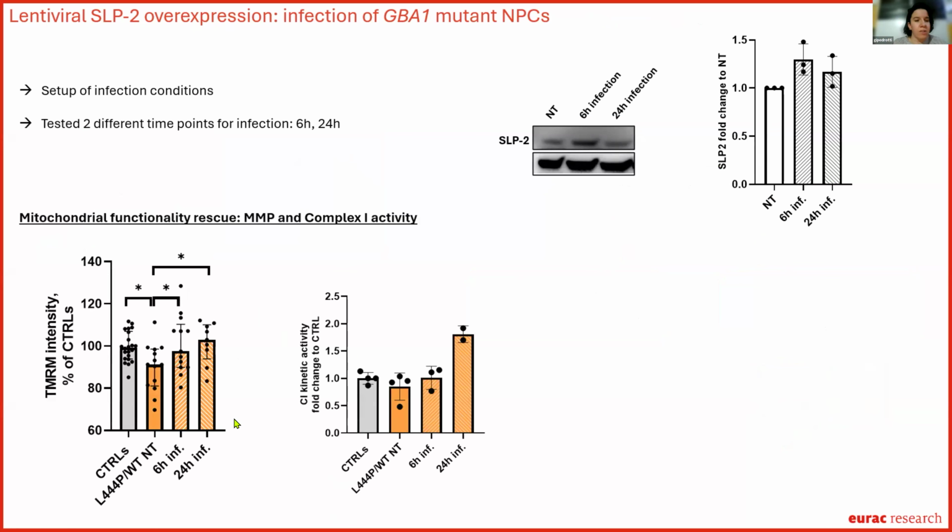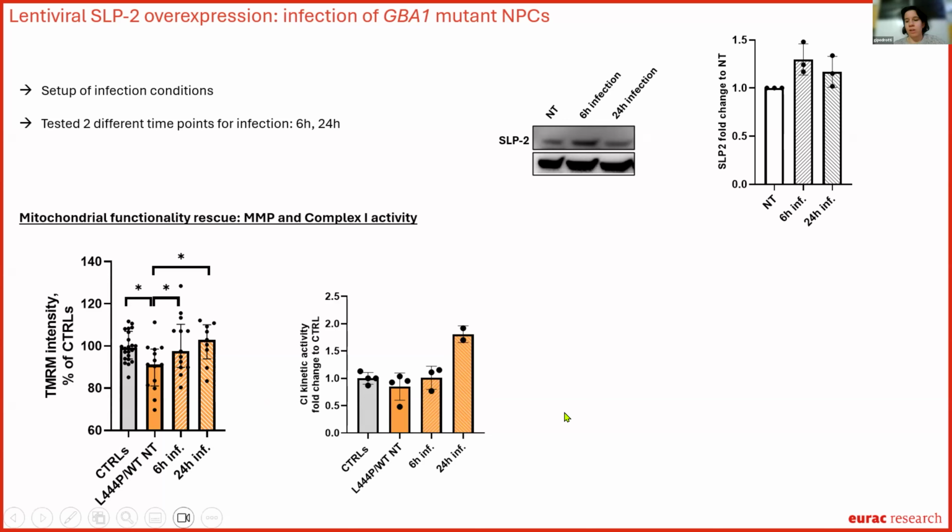We have nice results both at 6 and 24 hours on the mitochondrial membrane potential. As you can see, the mitochondria get nicely repolarized to a level similar to the control. We also have hopeful but still ongoing data on the rescue of complex 1 activity.